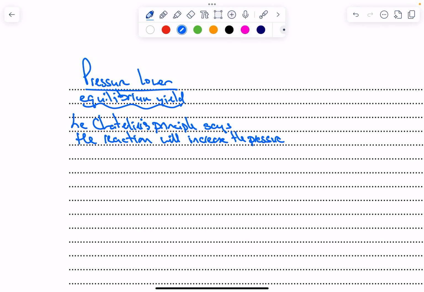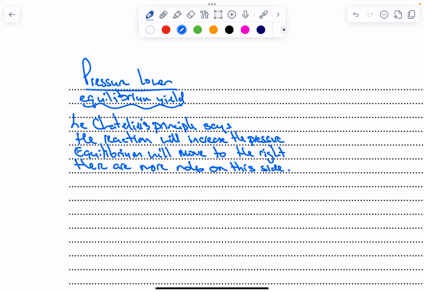So we can say that the equilibrium will move to the right. There are more moles on this side. And what happens then to hydrogen is that the amount of hydrogen is going to increase.